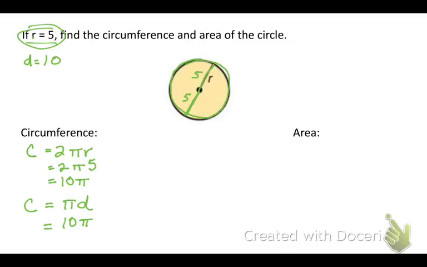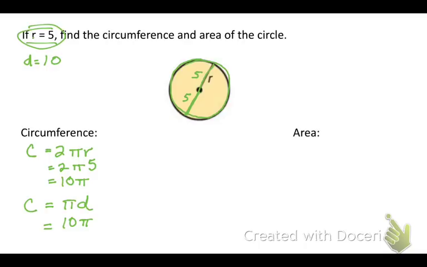And it's kind of weird that when we talk about these formulas, we put the pi in the middle or in the front of the r. But when we use numbers, pi always comes at the end. So you have 10 pi, 20 pi, 30 pi, whatever. Whereas we talk about 2 pi r or pi d. It's just a little convention you need to get used to. So mathematicians have their quirks too.